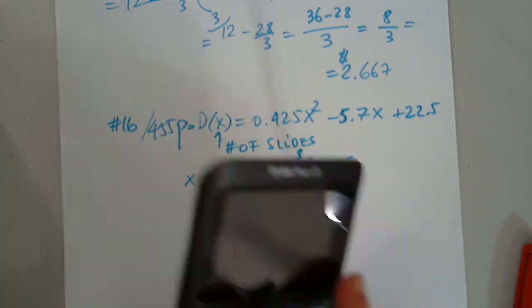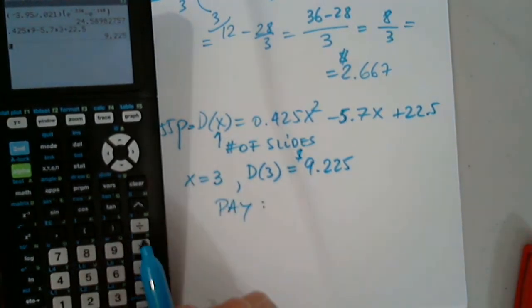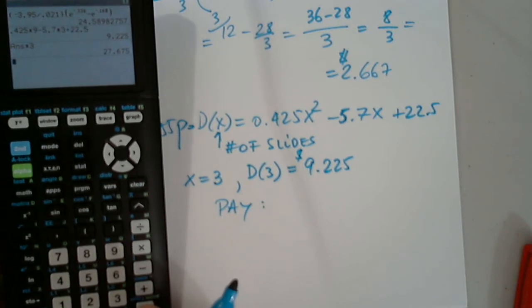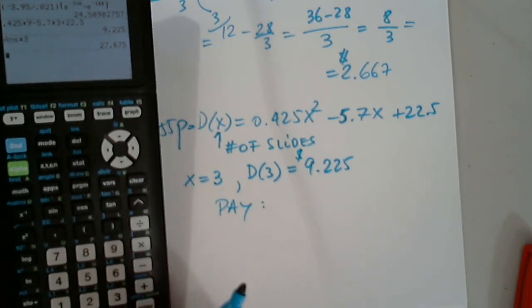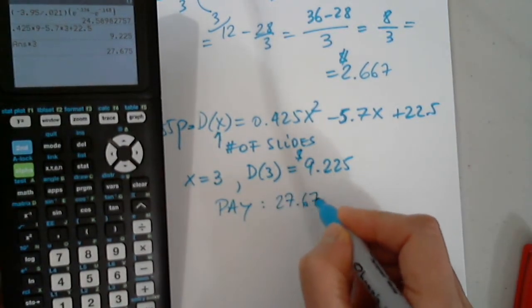If he buys 3 slides, then we know that he will pay 9.225 multiplied by 3, so 27.675.